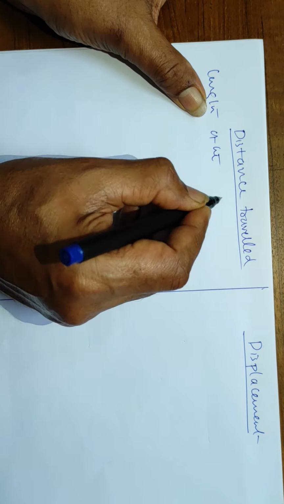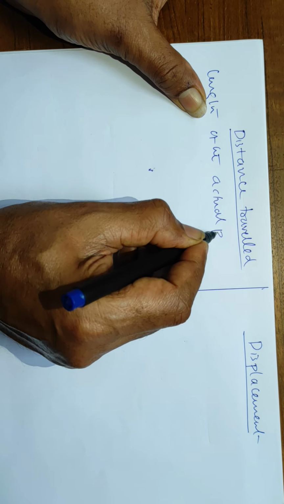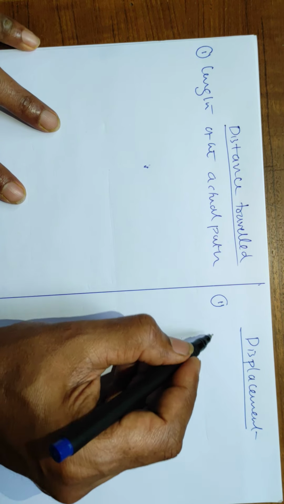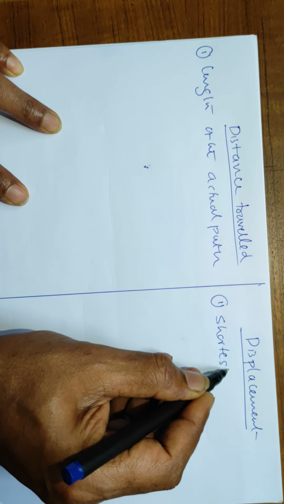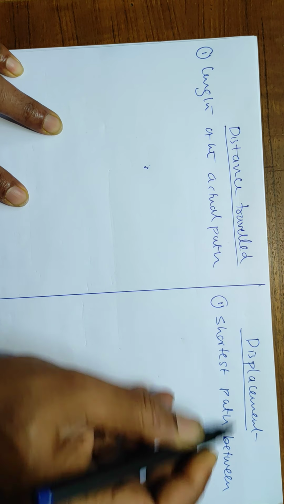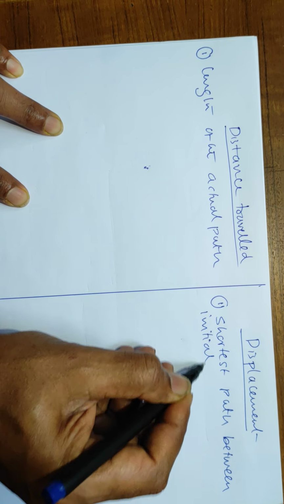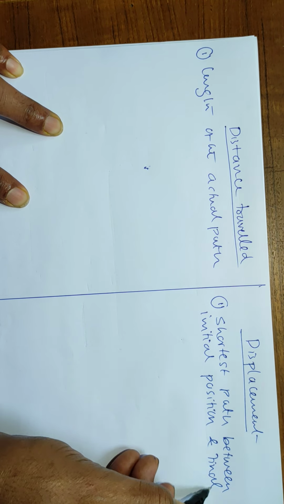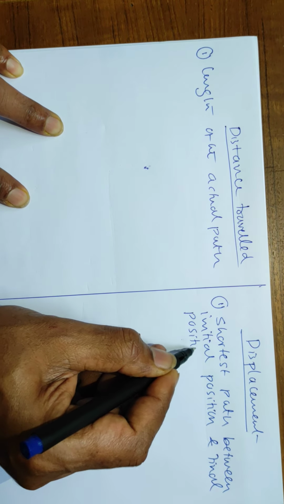Distance: length of the actual path. First point. Here, displacement: shortest path between initial position and final position.